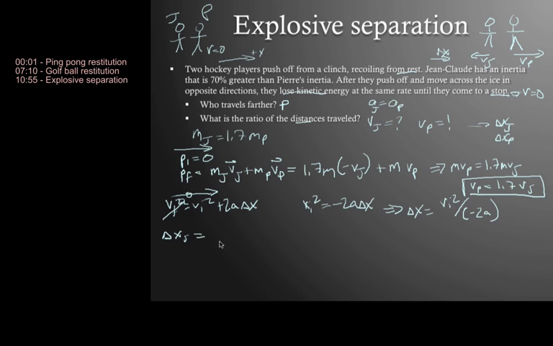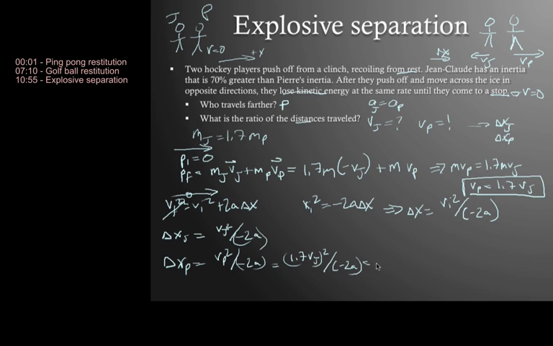So now I'm going to start plugging in for Jean-Claude, Jean-Claude's velocity squared over minus 2a, and then now I'll do the same for Pierre. I know that Pierre's velocity is 1.7 times Jean-Claude's, so this is going to be 1.7 Vj, and that whole quantity is squared, divided by minus 2a.